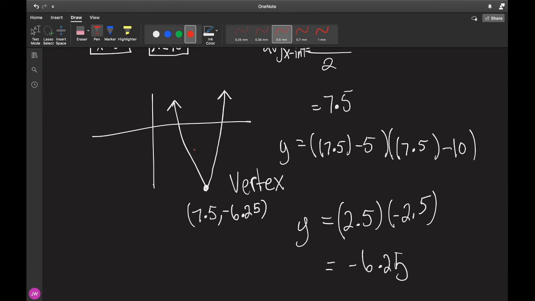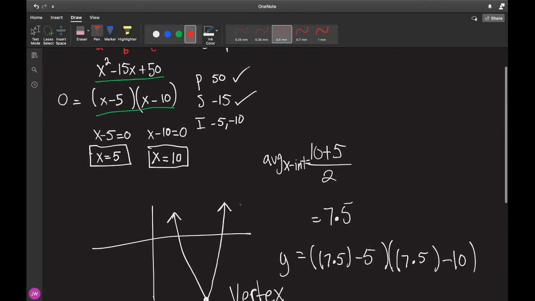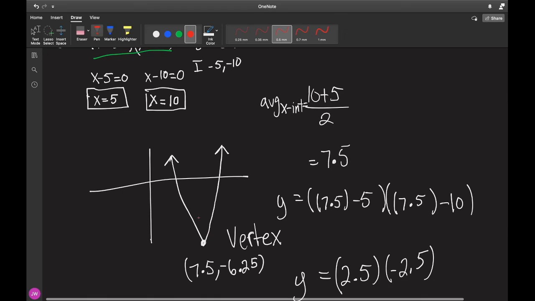And the reason why you can solve for the x-coordinate of the vertex this way is because you know that these x-intercepts will be divided perfectly in half by the axis of symmetry. So the axis of symmetry is the imaginary line that perfectly divides this quadratic function into two symmetrical halves, okay?